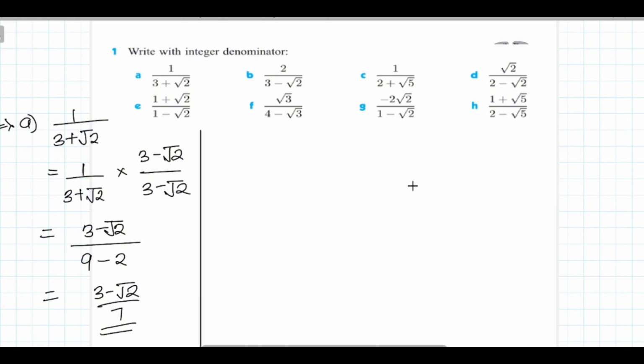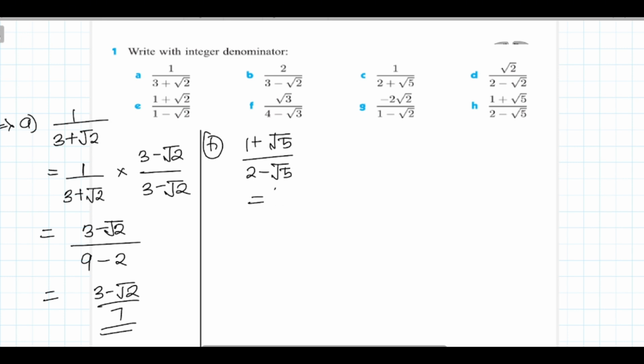Let's look at B: 1 plus root 5 all over 2 minus root 5. Multiply this by the conjugate of the denominator.